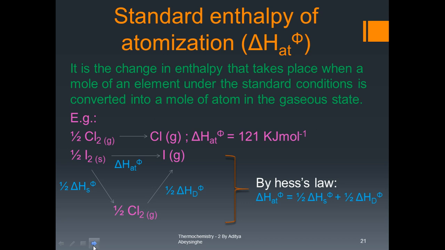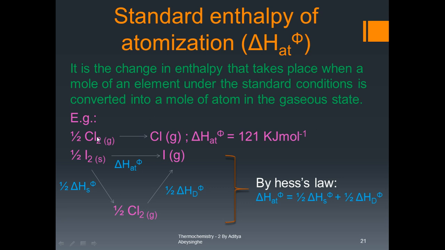Now for the major enthalpy that I will talk about here: the standard enthalpy of atomization, represented as ΔH atomization. The standard enthalpy of atomization is similar to the standard enthalpy of bond dissociation, in that we break up bonds to form one mole of gaseous atoms of an element.